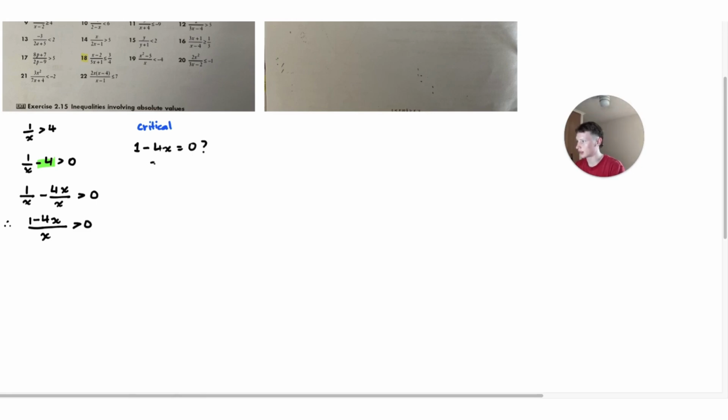And when does x equal 0? Obviously, the two numbers here are going to be x equals 0, and also x equals 1 on 4, I believe.